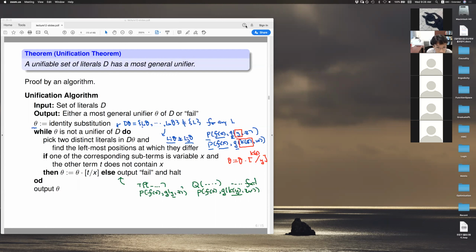Yet another case is the following. Instead of having y here, now suppose in one case we have a k, but in another case we have, say, h of a and w. Then these two terms, h of a and k of y, are not a variable and a term case.